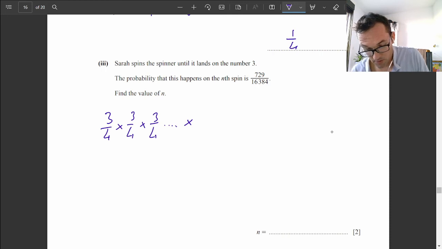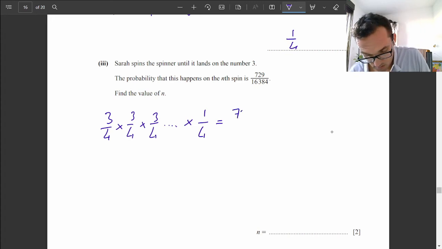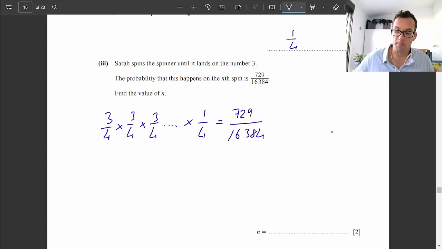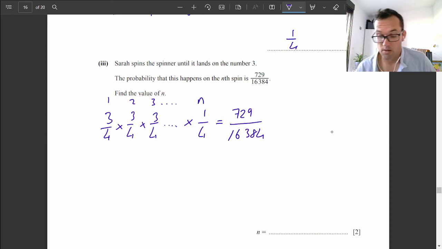And the probability of getting a 3 is 1 out of 4. And if we multiply all of that together, we get the answer, 729 over 16,384. Now the number of spins is this: that's the first spin, second spin, third spin, and then we don't know how many spins she goes on with, and then this will be the nth spin, the last one.